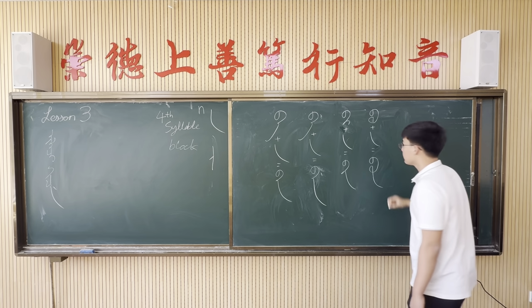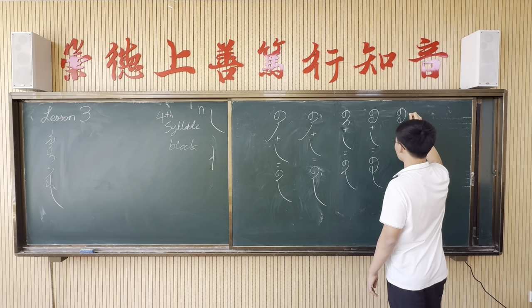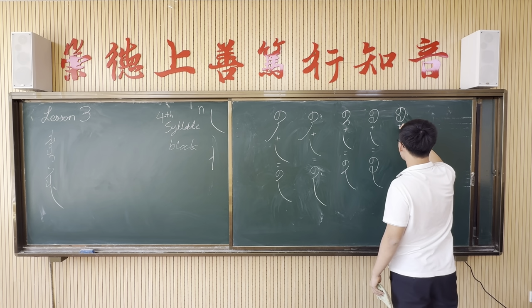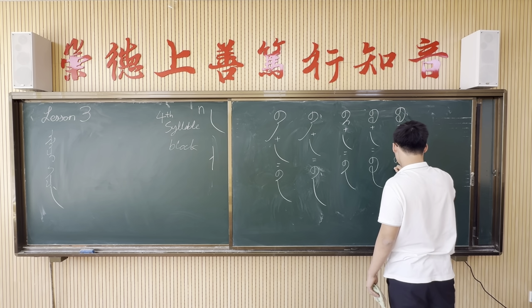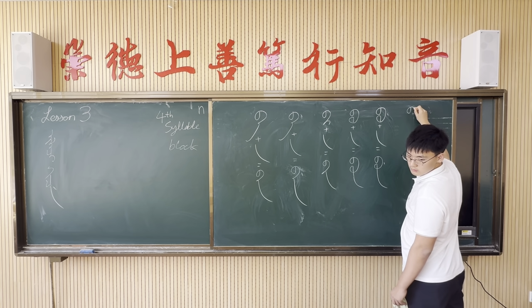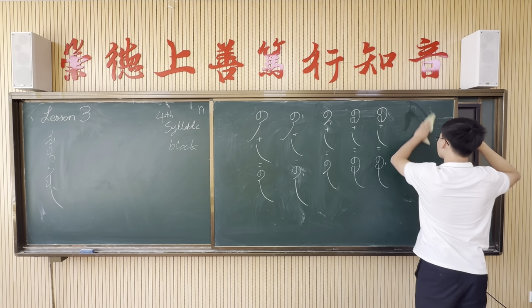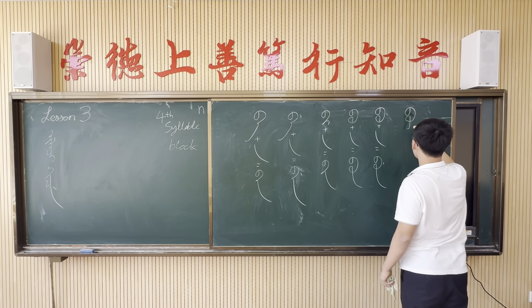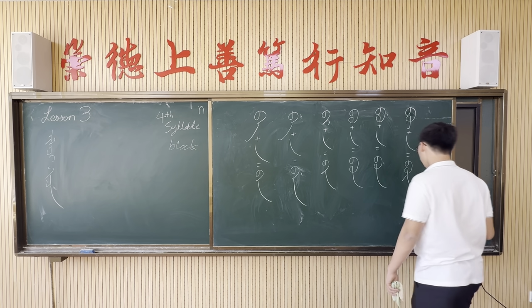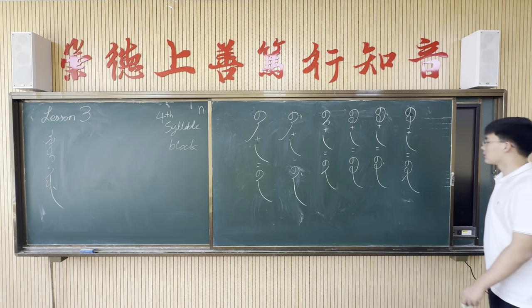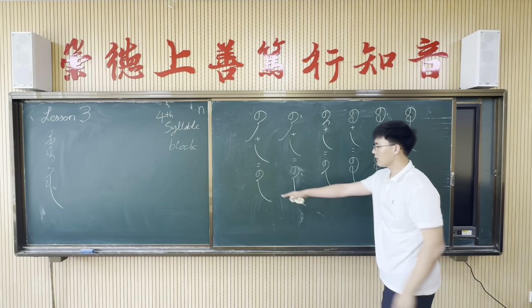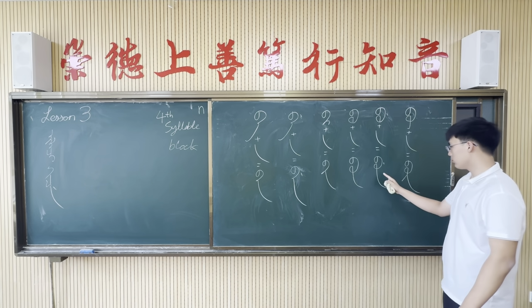And bu plus n equals bun. Right? Ban, bun, bin, ban, bun, bin, bon, bun, bon.